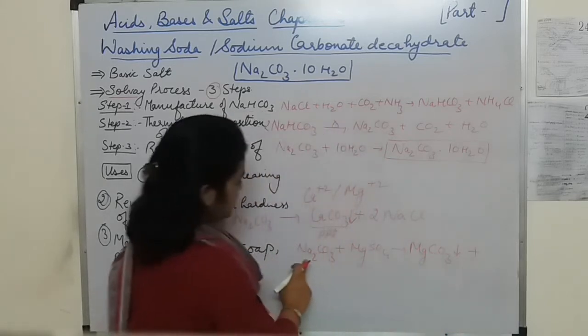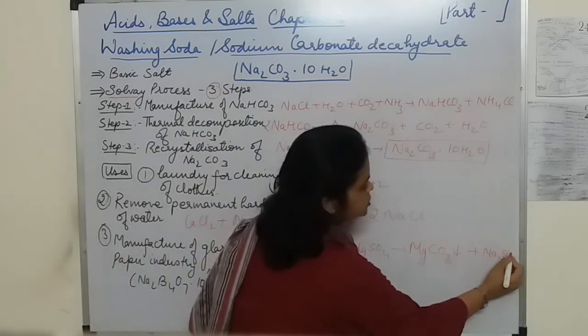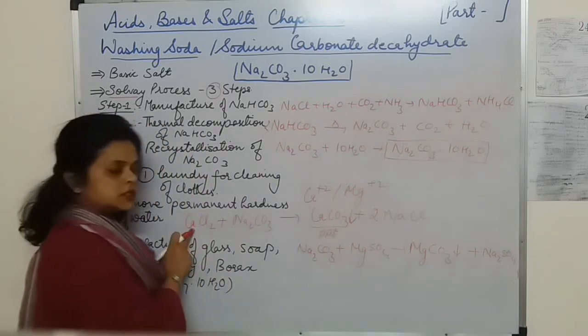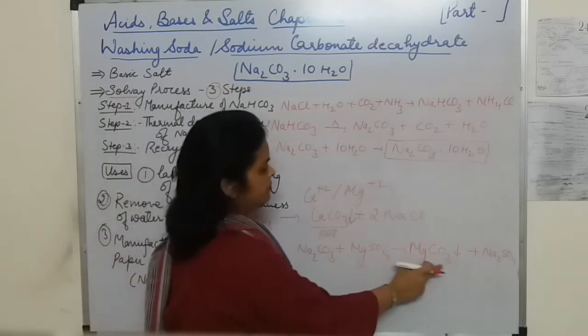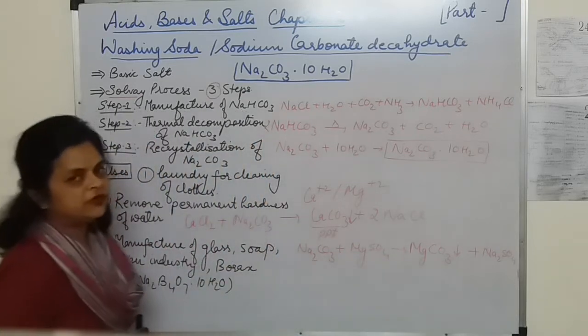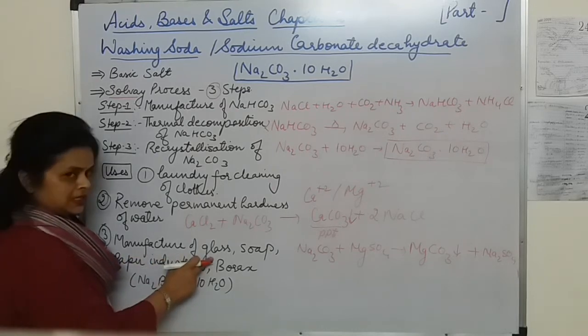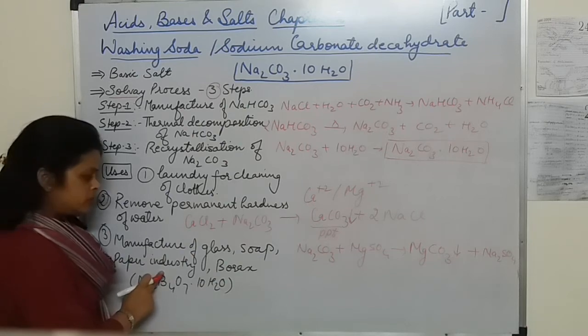Along with this, we get Na2SO4, and it is soluble in water. So the calcium ions come out in the form of calcium carbonate, magnesium ions come out in the form of magnesium carbonate, and it can be filtered off. The last use: manufacture of glass, soaps, and paper industries also find its use.